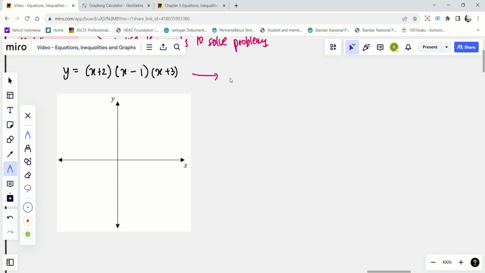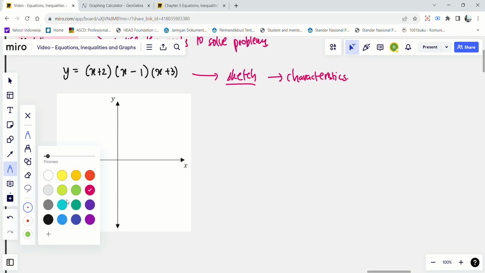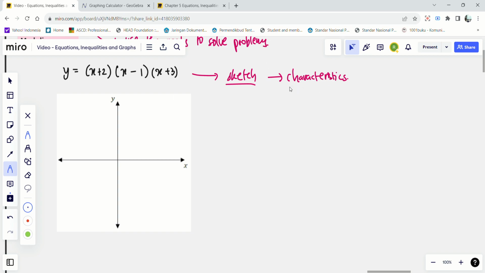Whenever you sketch a graph, typically we need to know the characteristics, right? That's a very typical important note first. So we have to know the characteristics. Now, what are the characteristics in any graphs? From the school curriculum, typically what you need to check is the intercepts, be it the x or the y. So let me just separate it here: x intercepts, y intercepts, if you have any of them.